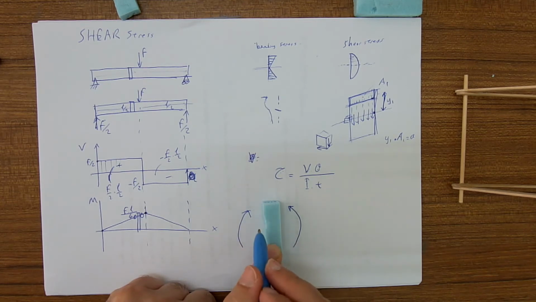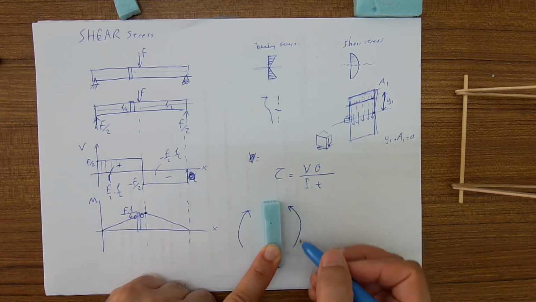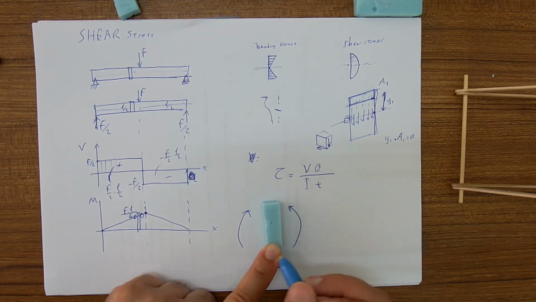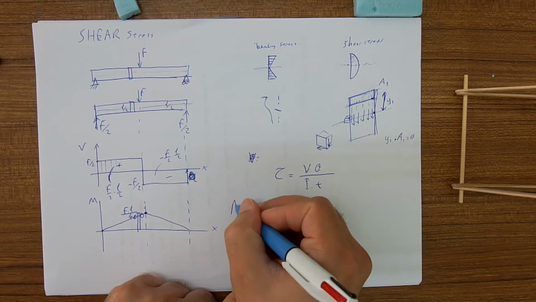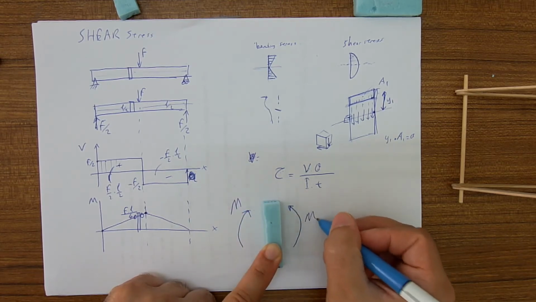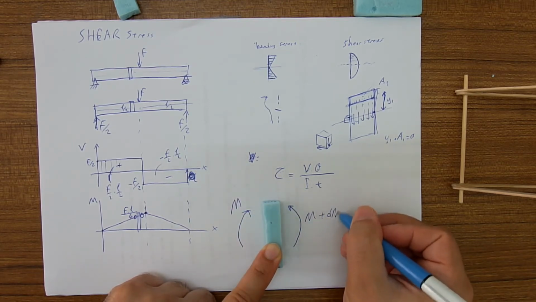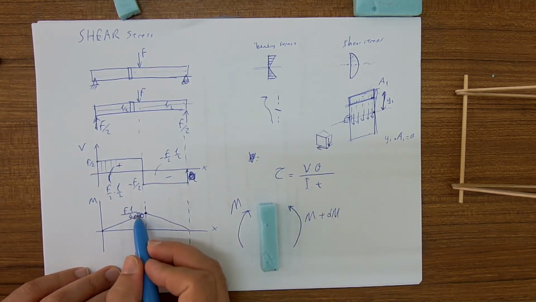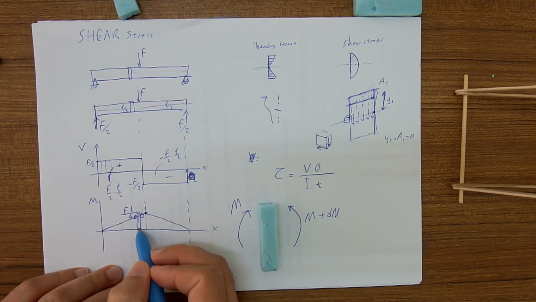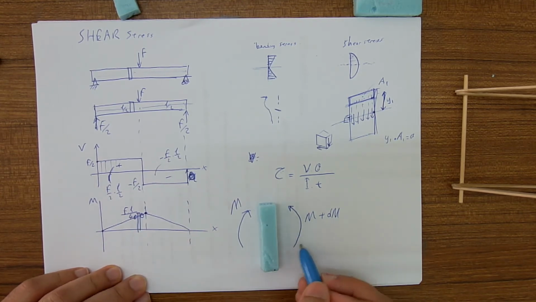When we look at the left face of the segment, this is the positive sign convention for the moment. For the right face, this is the positive sign convention for the moment. So if the moment here is m, the moment here is m plus dm. Does that make sense? It should make sense, because we plot the segment here. You see the moment here is larger than the moment here. So this side is larger.